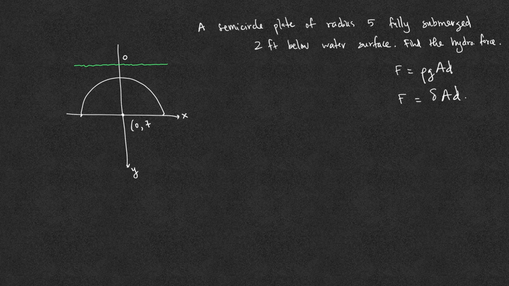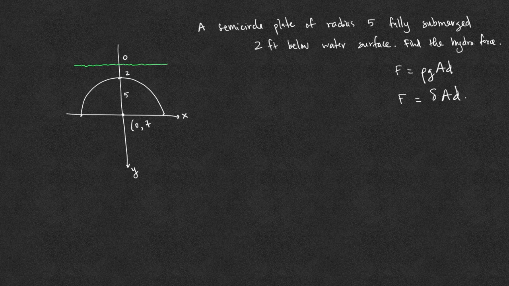The top of this circle is therefore 2, that is 2 feet below the water surface. The radius is 5, and that is why when we get to the center, 0 to 2 is 2 units, another 5 units is 7.